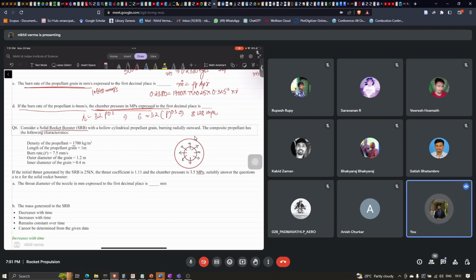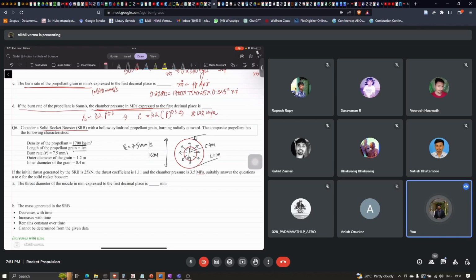So the density of the propellant is given, the length of the grain is given as 1 meter, and the burn rate is given as 7.5 millimeters per second. The outer diameter is given as 1.2 meters, and the inner diameter is given as 0.4 meters.